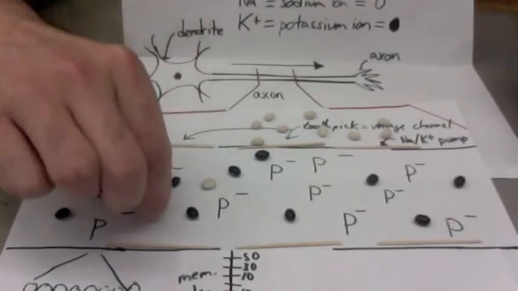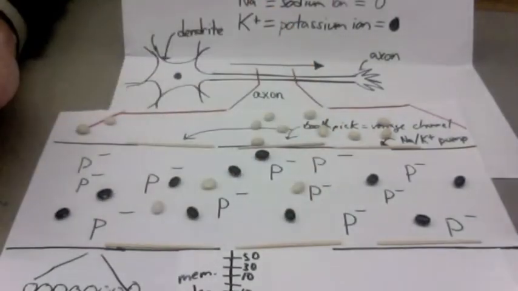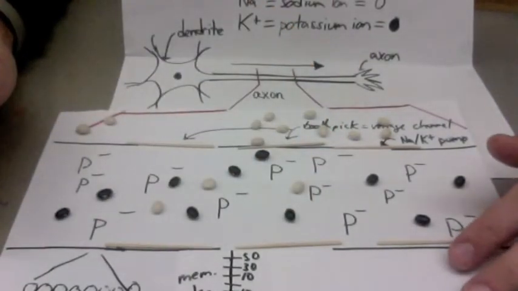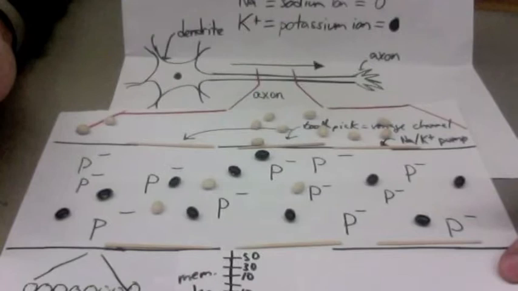And this helps us understand how threshold is reached. As some sodium ions leak into the axon, the membrane potential increases from negative 70 millivolts at rest to about negative 50 millivolts. This is what we consider to be threshold.